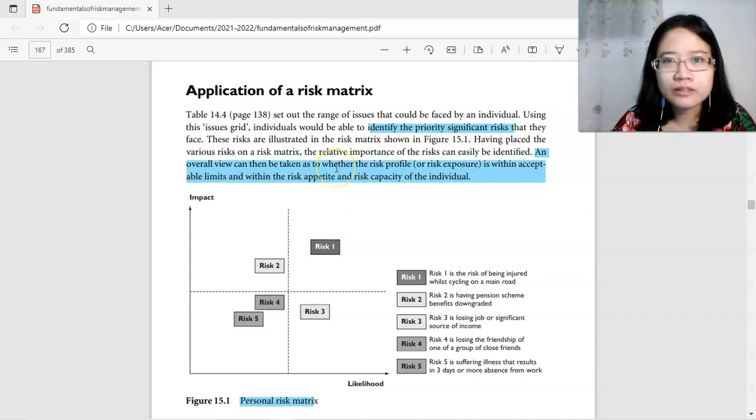And then this risk matrix is used to identify the priority significant risk. Then it can be taken as to whether the risk profile or risk exposure is within acceptable limits and within the risk appetite and risk capacity of the individual.